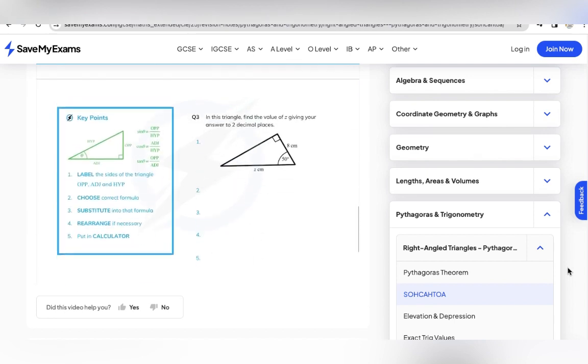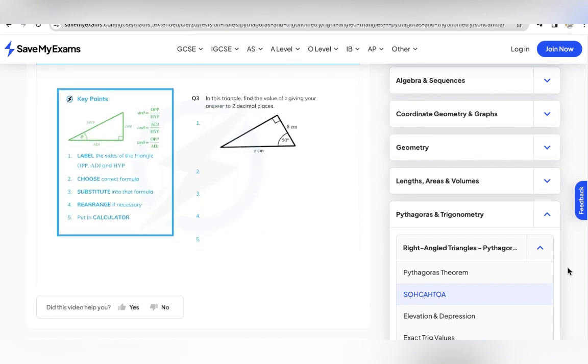I'm going to do one more question, just because it's a slightly more difficult rearrangement, but basically it's still the same thing. So, hypotenuse, this time, is Z, opposite the 50 is there, and next to the 50, adjacent to the 50, is the 8. Again, which two sides are we using?